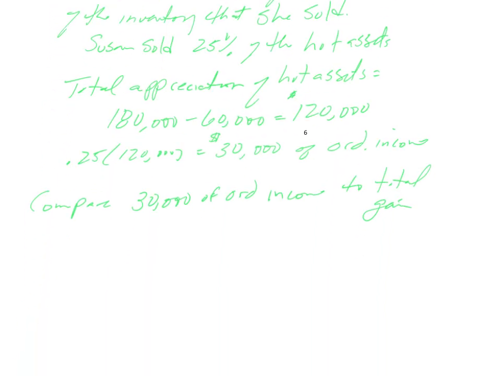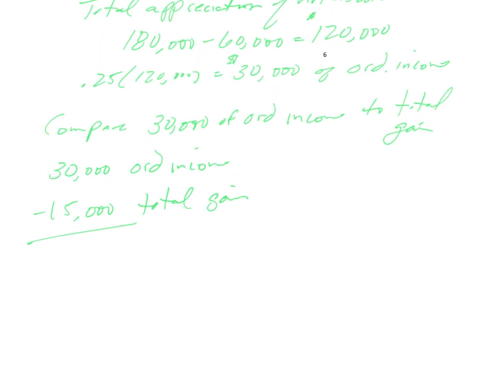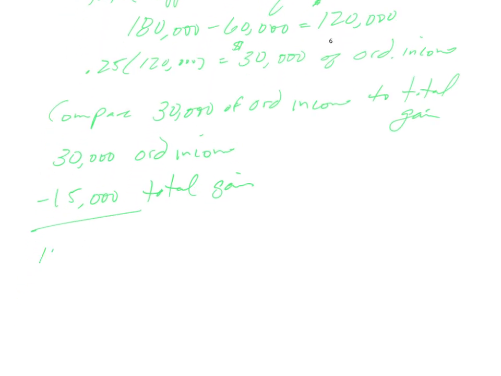So $30,000 ordinary income minus $15,000 total gain gives us what? Gives us a $15,000 capital loss. Okay?